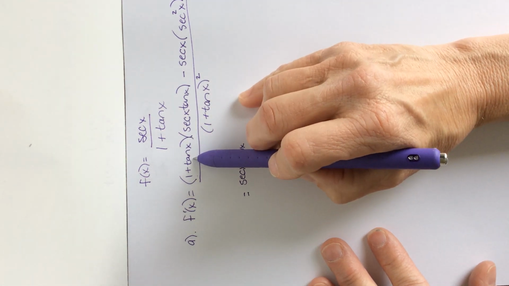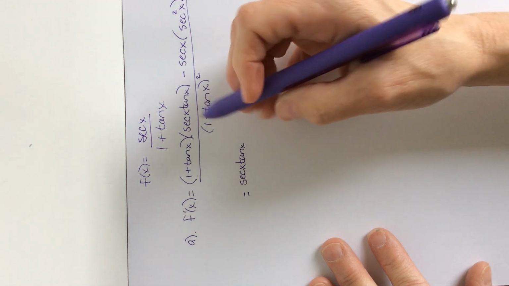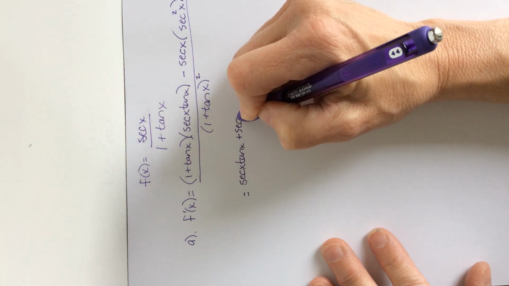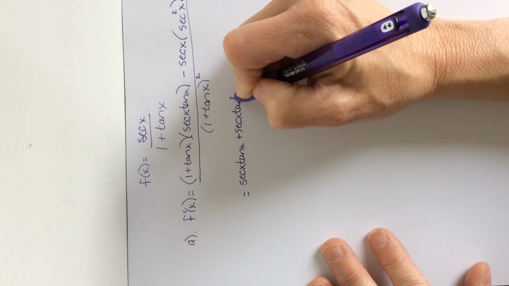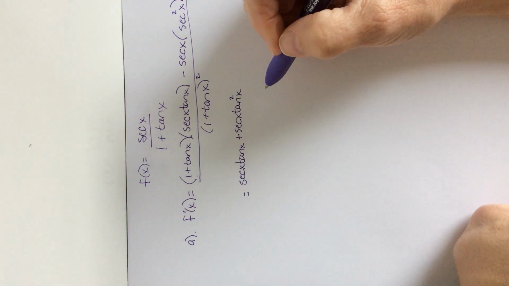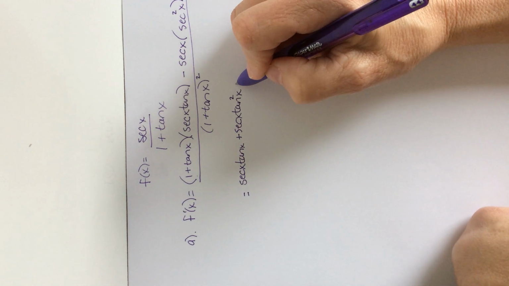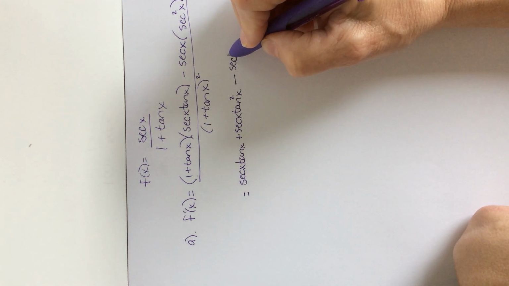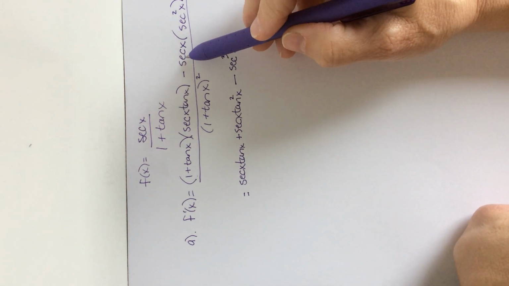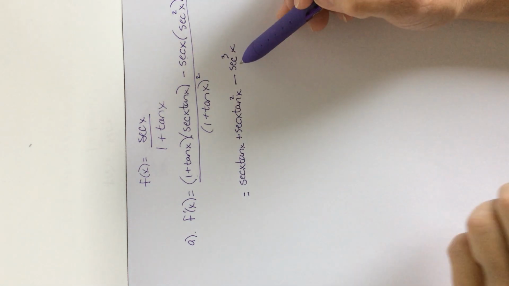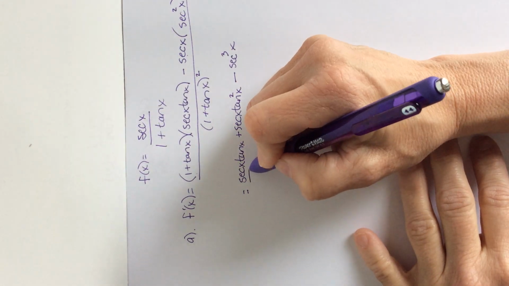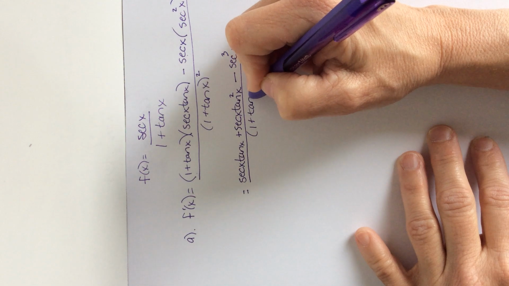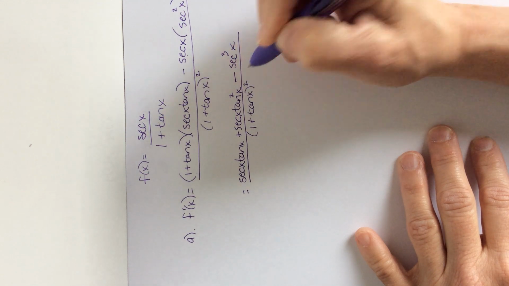And when I multiply tangent of x by secant x tangent x, that gives me plus secant of x tangent squared x, minus secant cubed x. When I multiply secant of x times secant squared x, I get secant cubed x, over 1 plus tangent of x all squared.